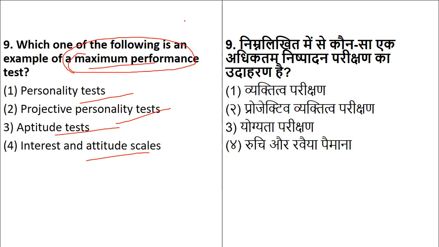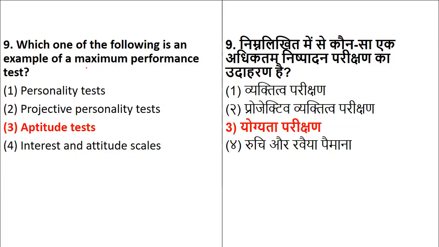When we talk about maximum performance test, it talks about aptitude test. Because personality test and interest test will give you a small area, but aptitude test will give you a lot of insights about the student, right?